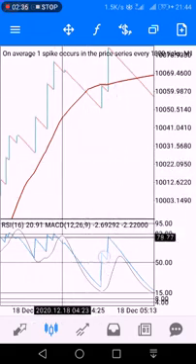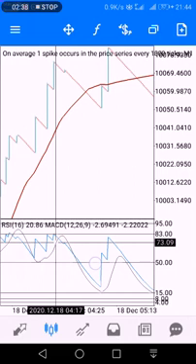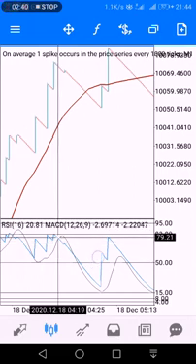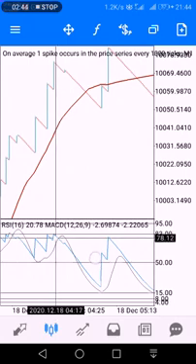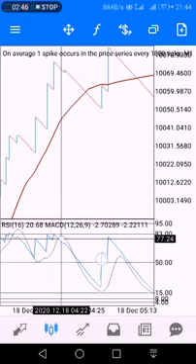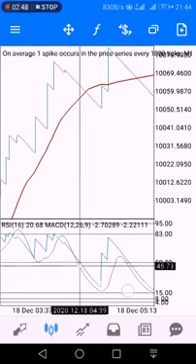So if you look at this place very well, the MACD line crosses the RSI, and as you can see, you are able to scalp three candles.